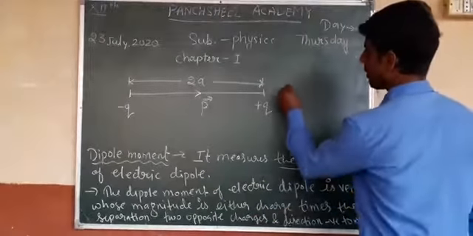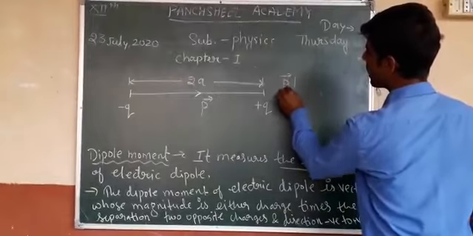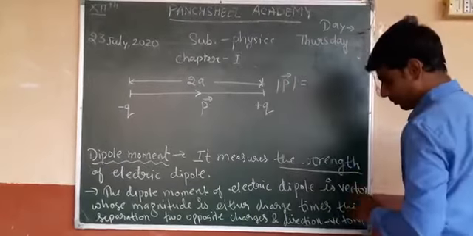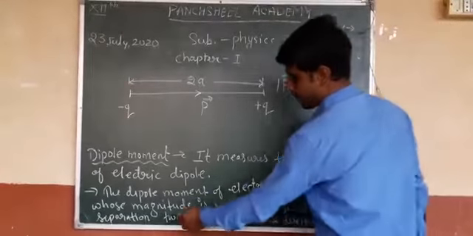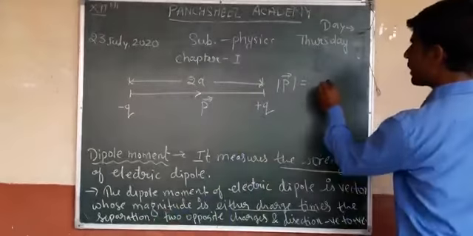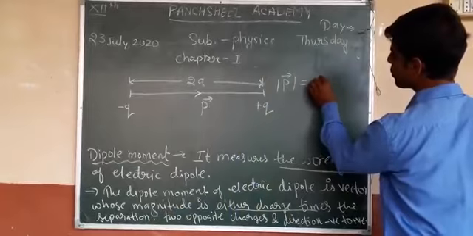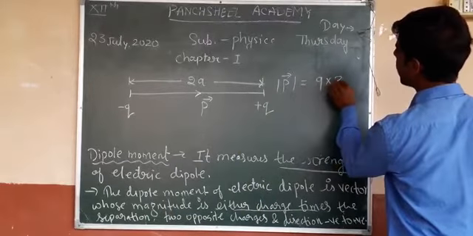And the magnitude of the P vector is equal to either charge times the separation. So I write here either charge, plus or minus q, into 2a.